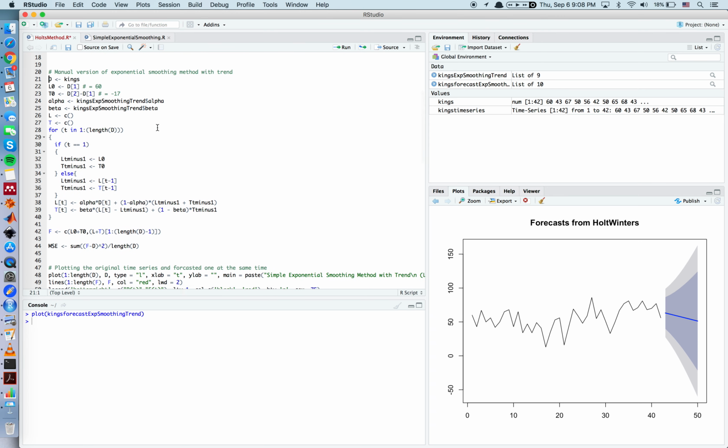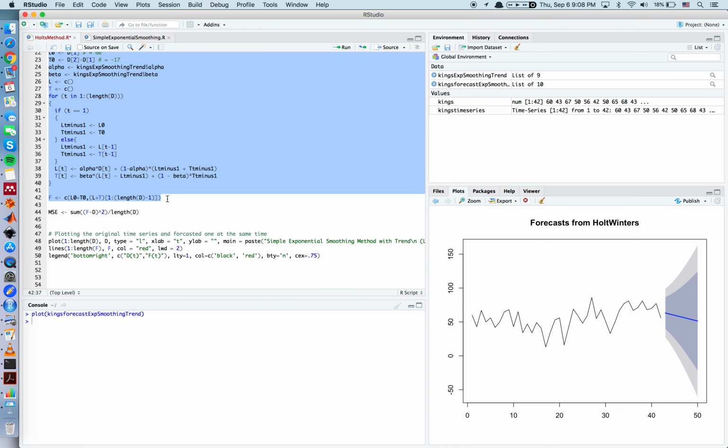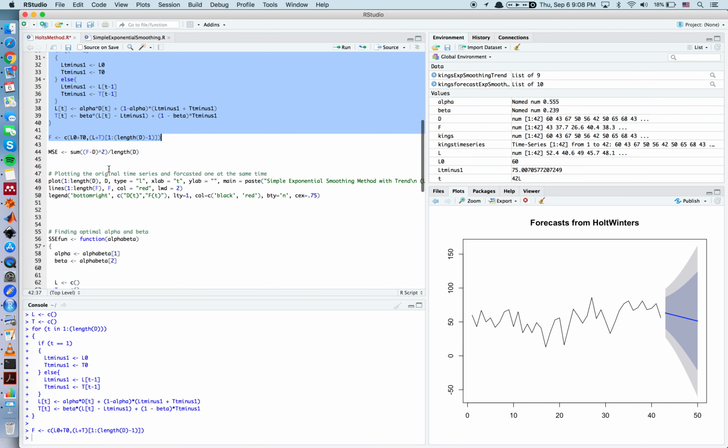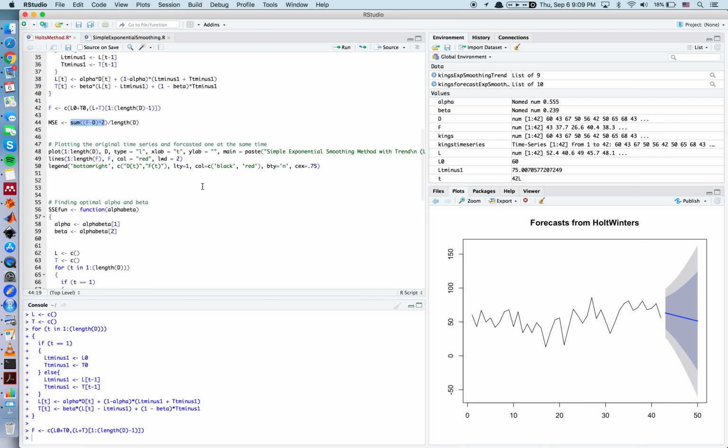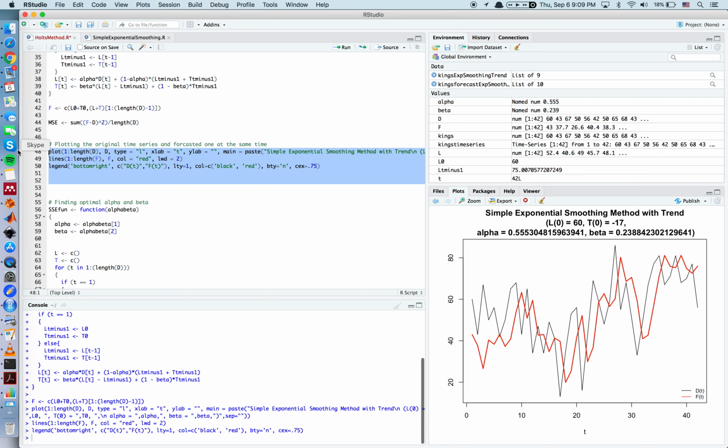I'm just going to use those again. The SSE or the MSE can be computed in this form. The SSE is this, and we can plot the results. As you can see, it looks nice enough.